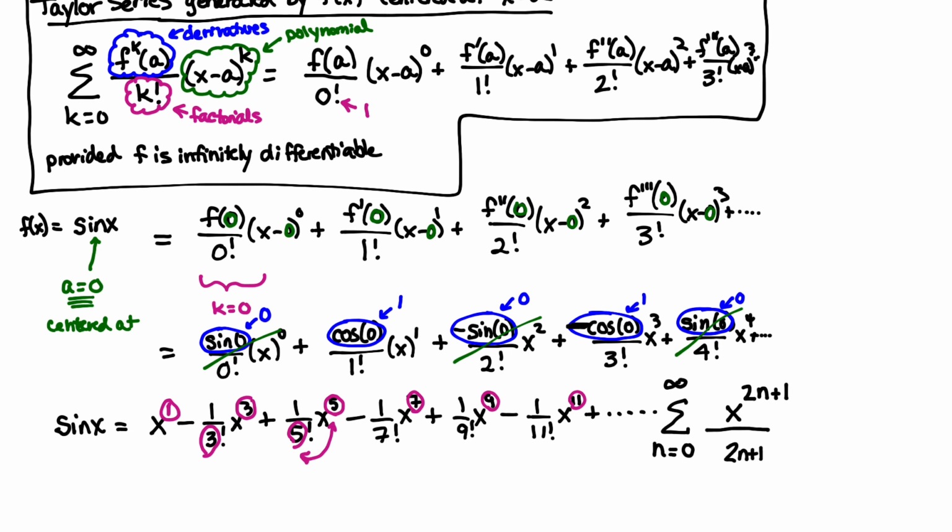Yeah, I could write this as 2n plus 1 factorial. And now I need to alternate it, right? So what do you want to make negative 1 be? Negative 1 to the n. Because when n is 1, then it'll be negative. This is my power series representation for sine.